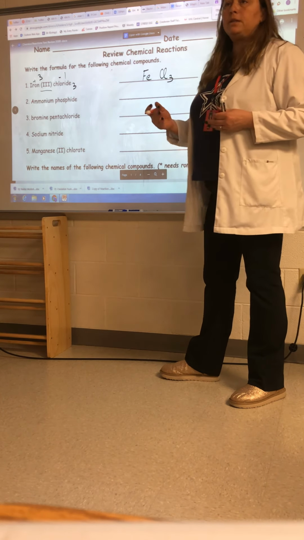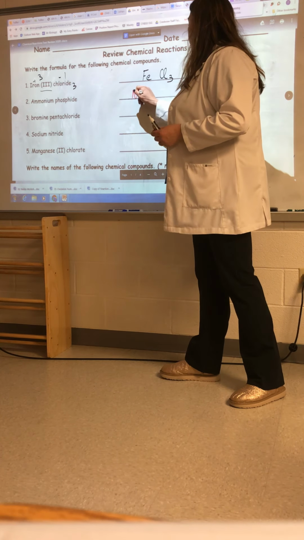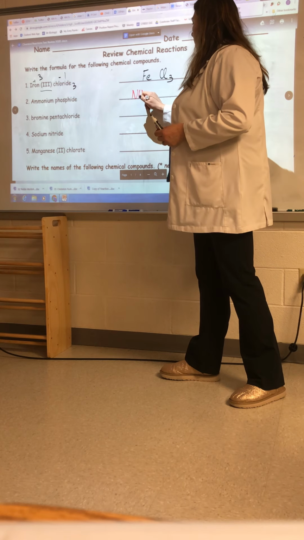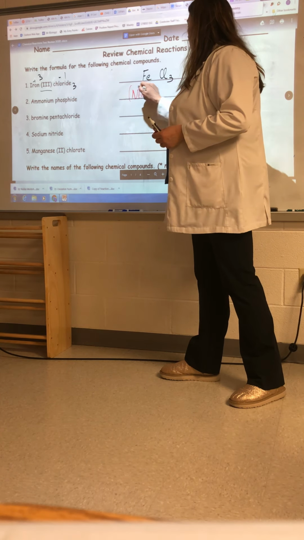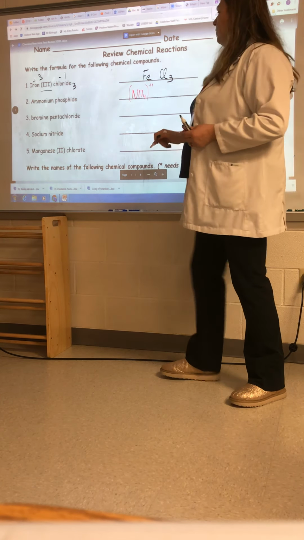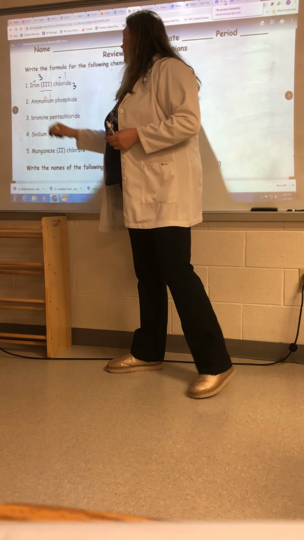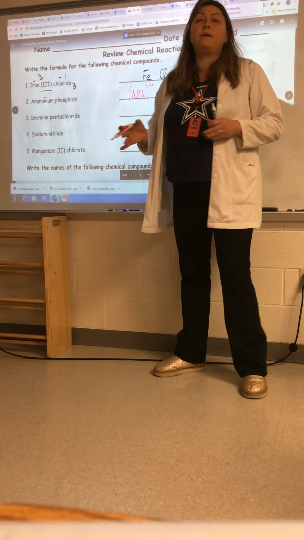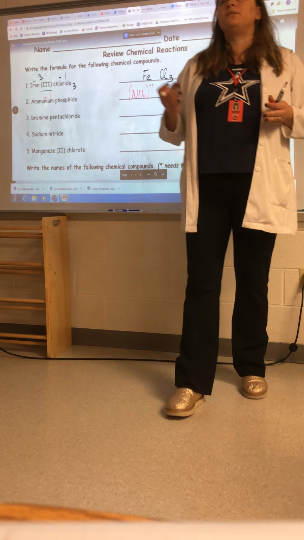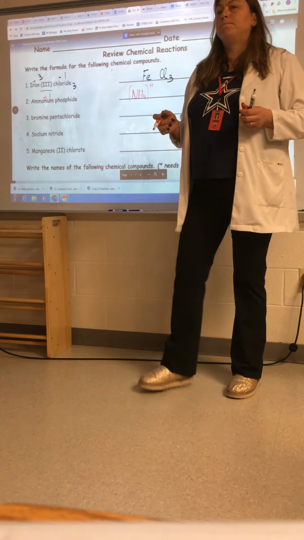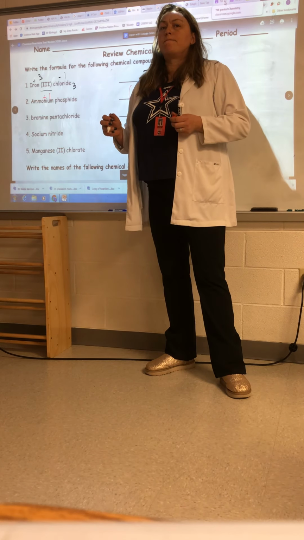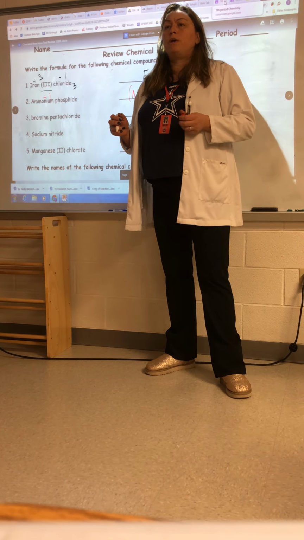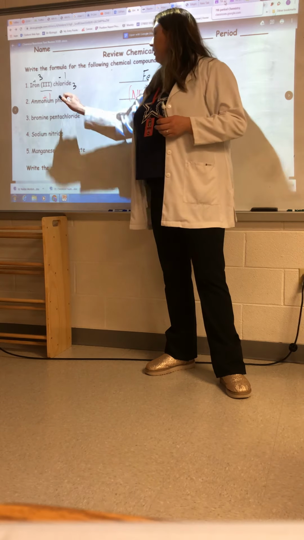Ammonium is a polyatomic ion. You do need to know this, even though you can use your polyatomic ion sheet. Ammonium has a charge of +1. And I have phosphide. Phosphorus has what kind of charge traditionally? Phosphorus has a charge of -3, right?